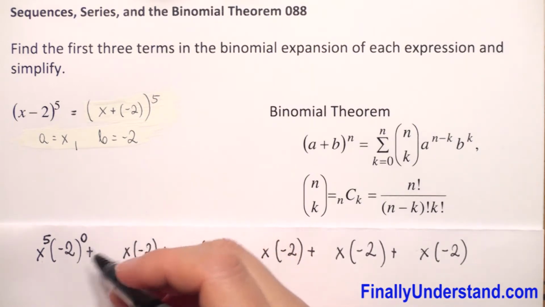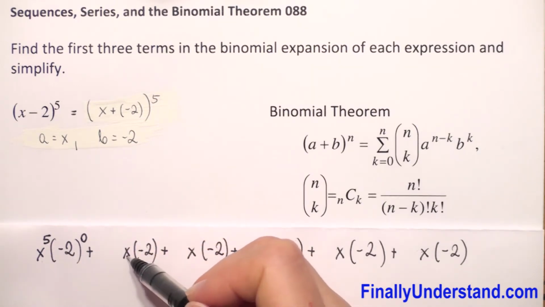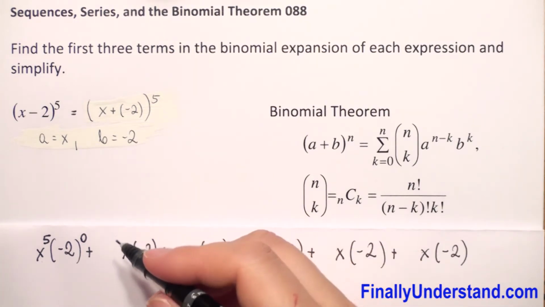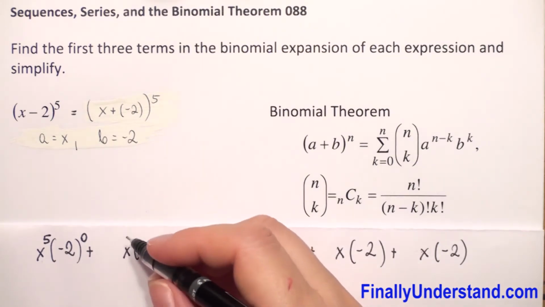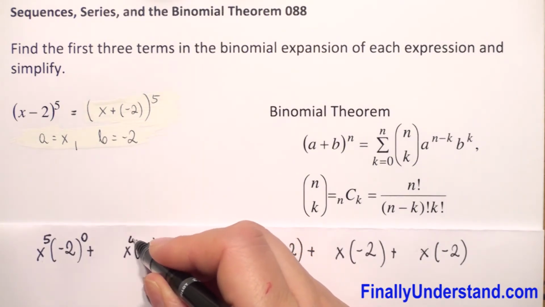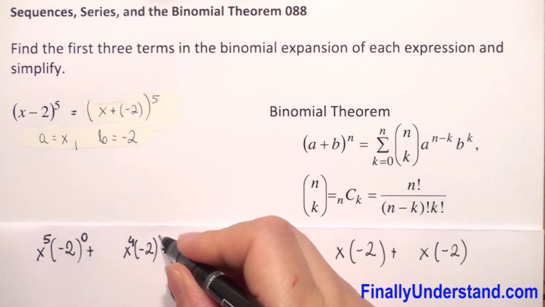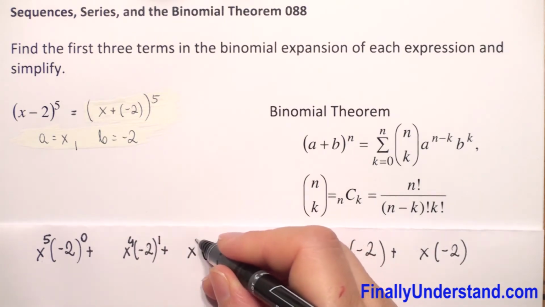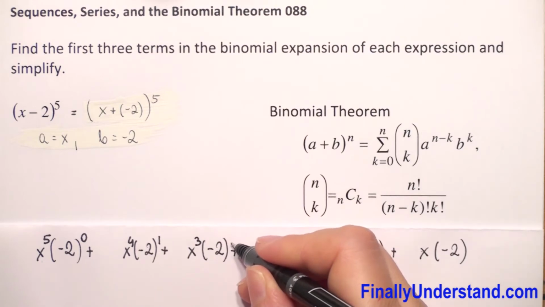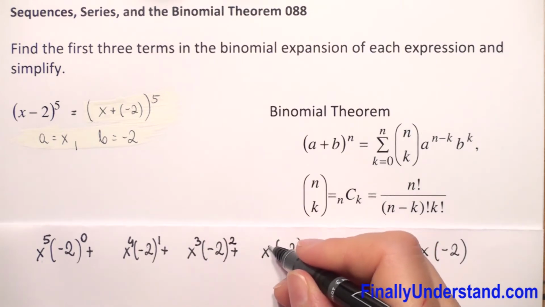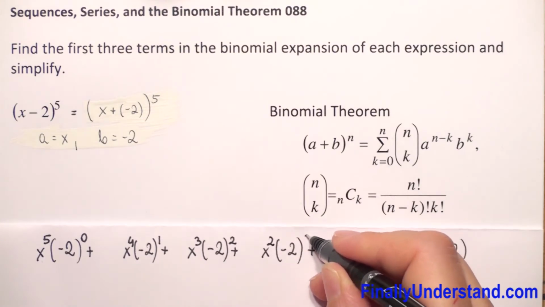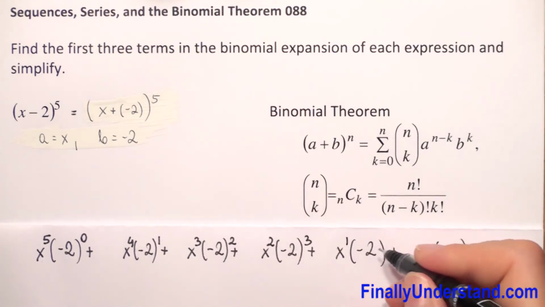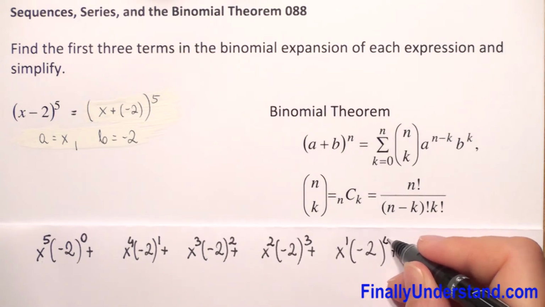Next, the power of x will go down by 1, and the power of the second expression will go up by 1. So now it will be x to the 4th power, negative 2 to the 1st power, x to the 3rd power, negative 2 to the 2nd power, x to the 2nd power, negative 2 to the 3rd power, x to the 1st power, negative 2 to the 4th power.